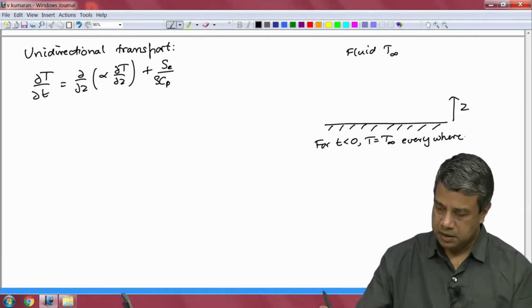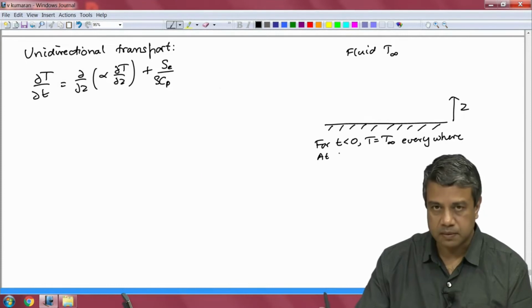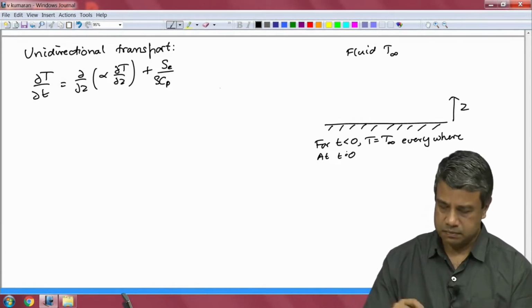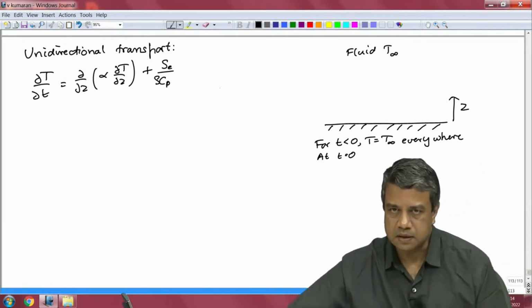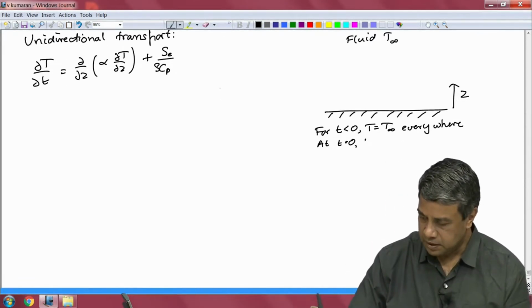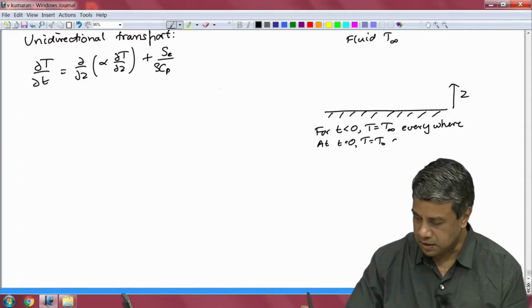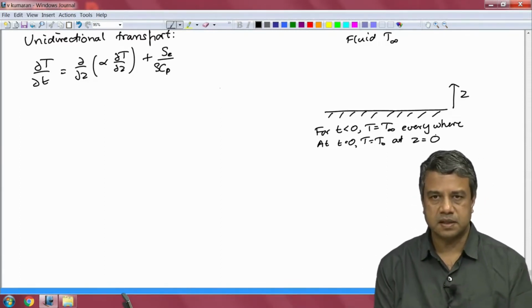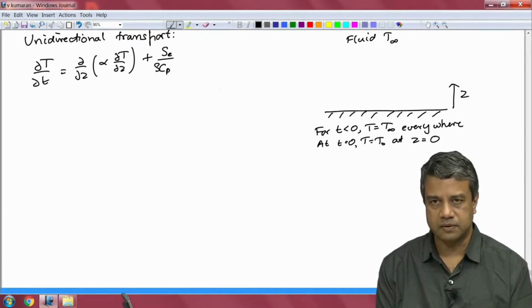And at the initial time t is equal to 0, the temperature is increased instantaneously to some value T is equal to T naught at z is equal to 0. At the surface, the temperature is instantaneously increased to the value T naught.